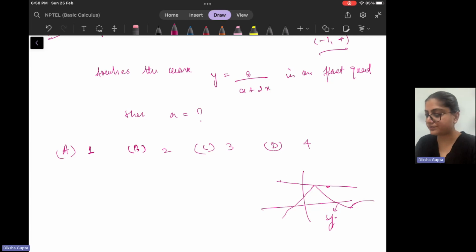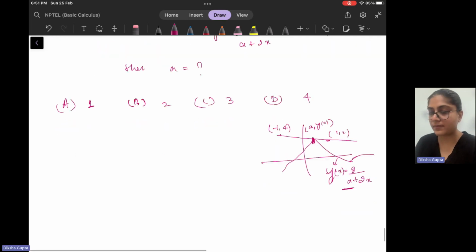So this is the point (1, 2) and this is (-1, 4), and it touches the curve 8 by a plus 2x in the first quadrant at some point, because the point lies on the curve. Then you have to find the value of this a.